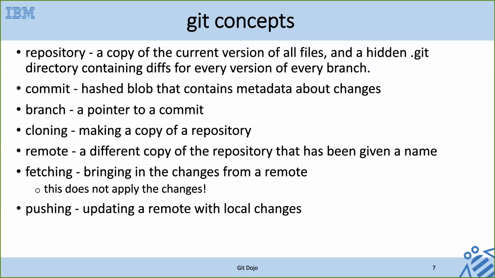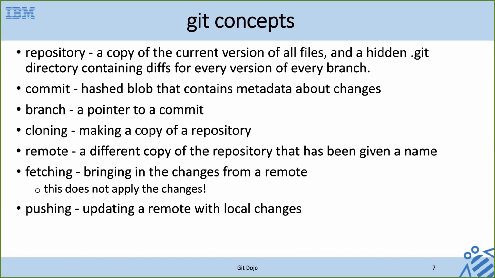A branch, at least in Git world, is nothing but another pointer to a commit. You can check out a branch by doing whatever the commit says to put the files on disk. Cloning is what you do to make a copy of a repository. When we clone the remote repository, we get a local repository.